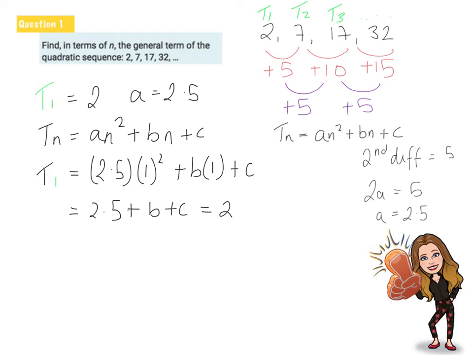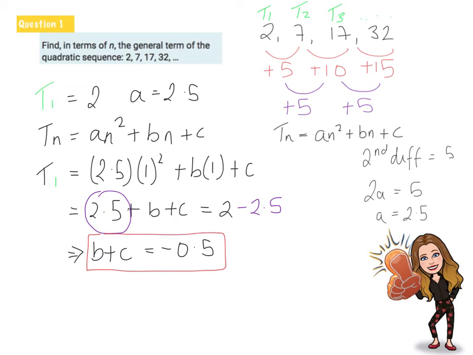So just like I showed you in the last video, I need to subtract the 2.5 from the 2, to level out both sides. So my final answer is b plus c equals 2 minus 2.5, which is minus 0.5. So that's my first equation, equation 1.